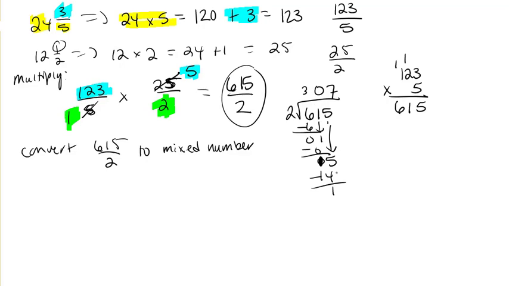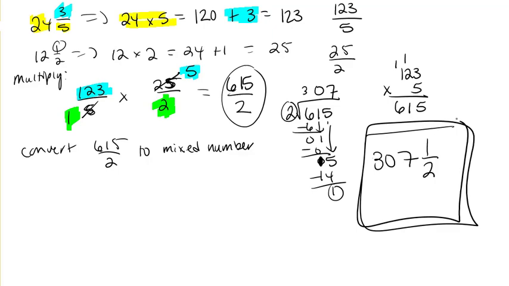So we're left with our remainder, which is 1. This is still our common denominator that we're going to keep. And then our whole number is 307 and 1/2. So this is our final solution.